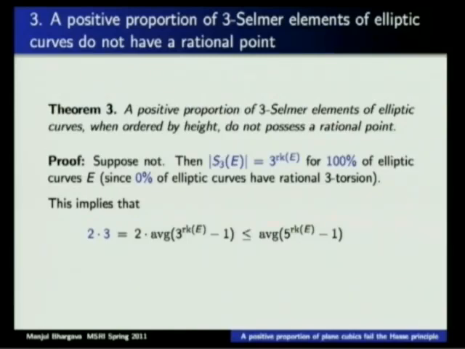And 5 to the rank minus 1 is bounded above by the size of the 5-Selmer group minus 1. We know that the average size of the 5-Selmer group is at most 6, so the average size of the 5-Selmer group minus 1 is at most 5. So we get that 2 times 3 is less than 5, and that's a contradiction.